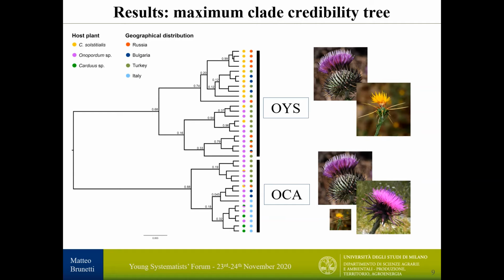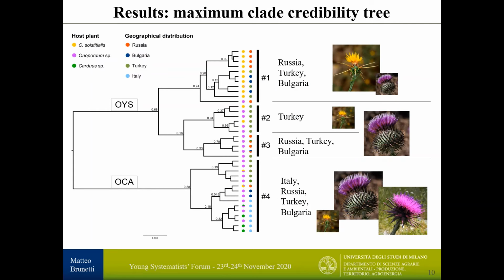This plant is commonly called the yellow star thistle, so we call this group OYS, Onopordum yellow star thistle. The second group is composed of individuals collected mainly on Onopordum and Carduus, so it has been called OCA, Onopordum Carduus, but also a few individuals collected on Centaurea solstitialis.